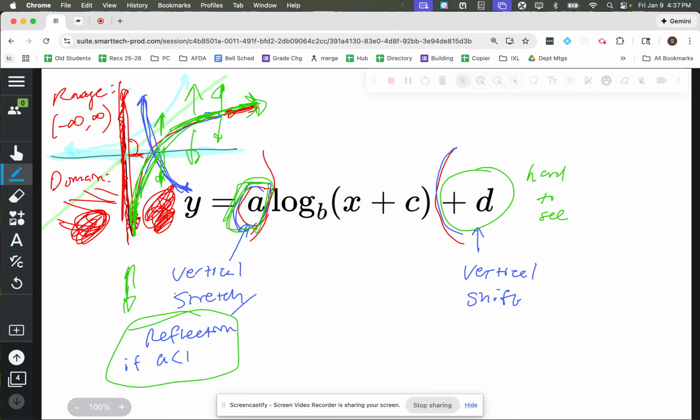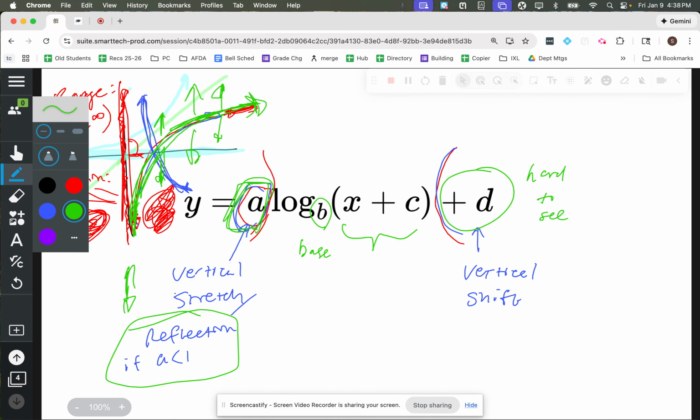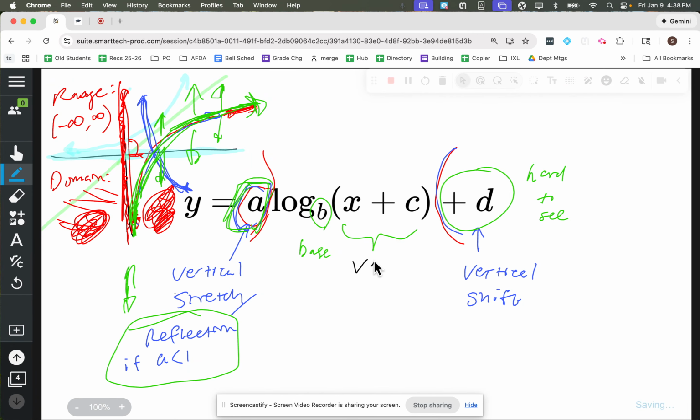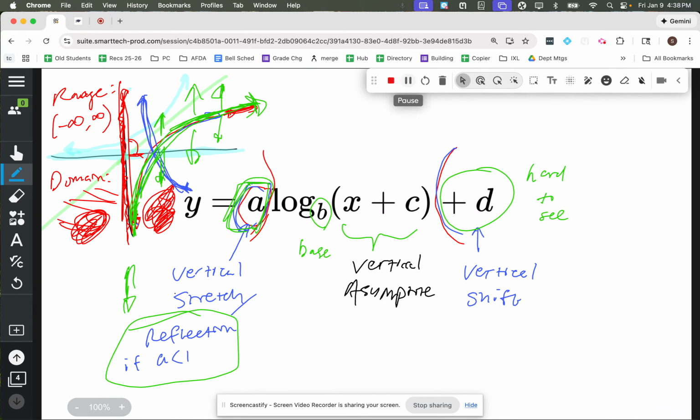And here, of course, is the base of the log. But here is where a lot of what you want to see is going to happen. Here is where you're going to find the vertical asymptote. And in order to tell you how to find the vertical asymptote, I have to give this a name.